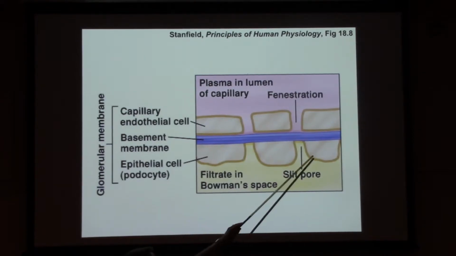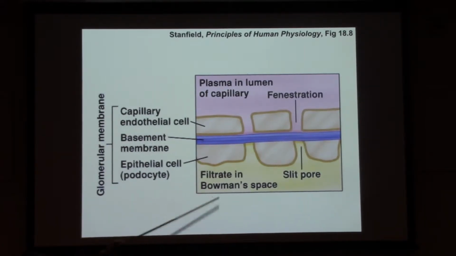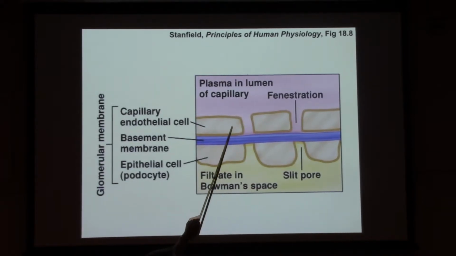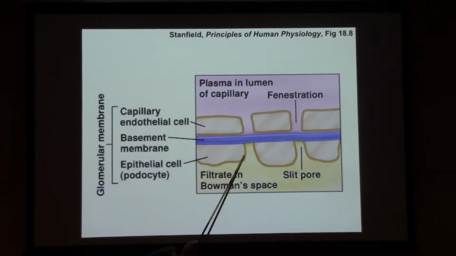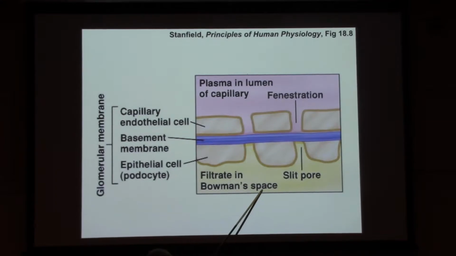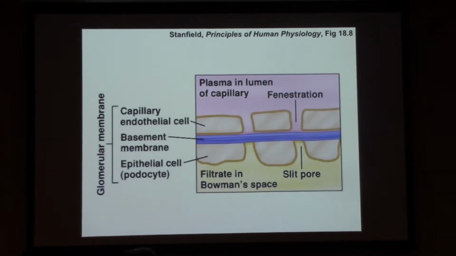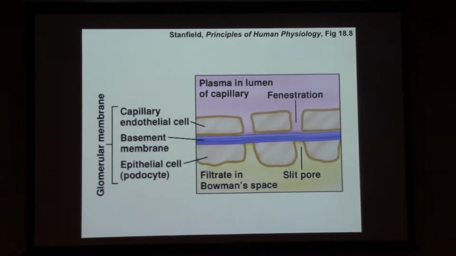These cells form the inner layer of Bowman's capsule. There's another layer of cells outside here, and those together form that lumen. So with filtration, chemicals are going to go from the lumen of the glomerulus past the glomerular cells, past Bowman's capsule cells, into the lumen of the tubule, and that would be filtration.